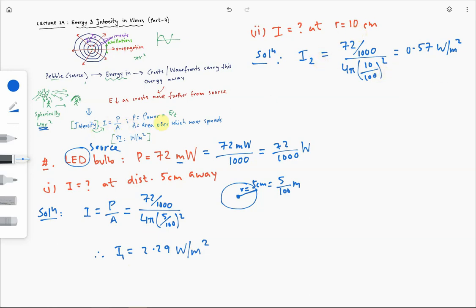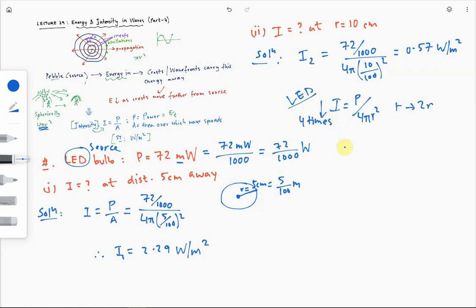So if this formula were true, if indeed intensity for this LED bulb, or any bulb spreading out spherically, is power over 4 pi r squared, that would mean if the power stayed constant and 4 pi is a constant, then if you double r, you would decrease I by 4 times, right? Because r is squared. Let's check if that's correct.